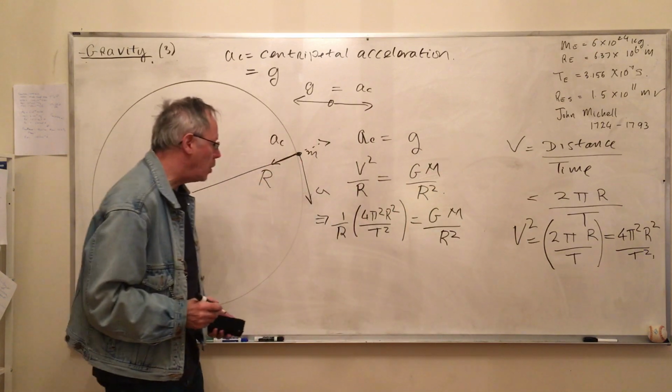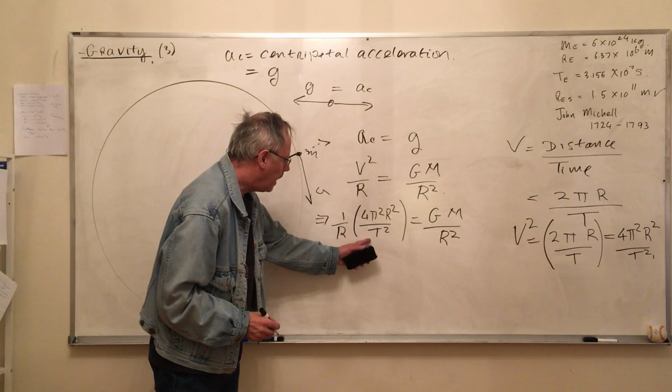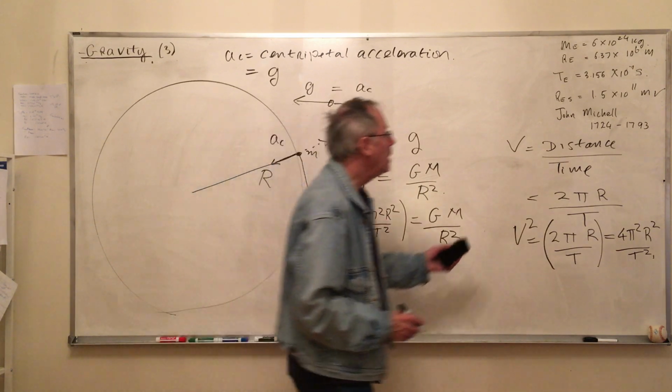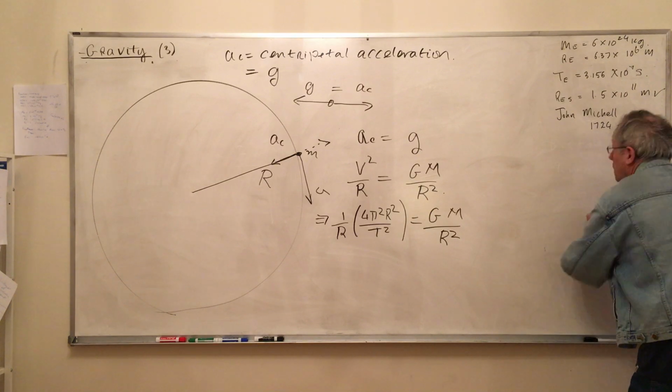And we have a result that's going to have a T squared in it, and it's going to end up with an r cubed in it, and we will see that it turns out to be Kepler's third law.